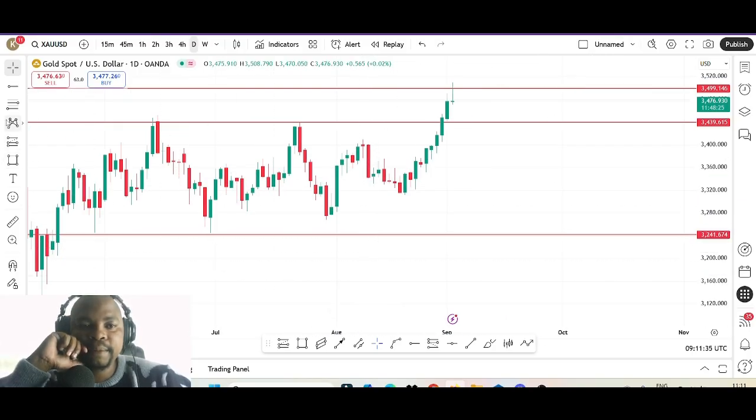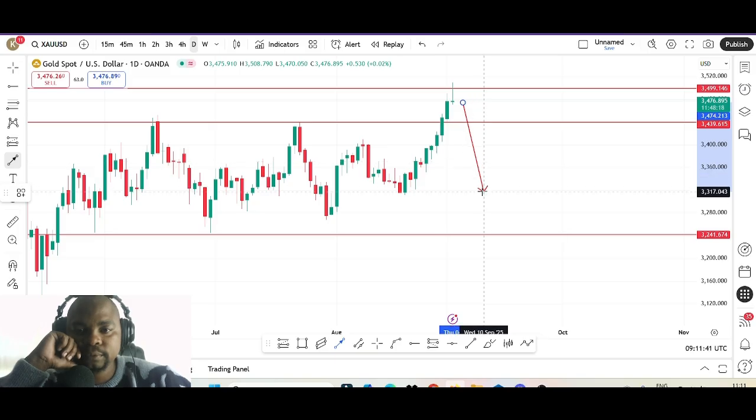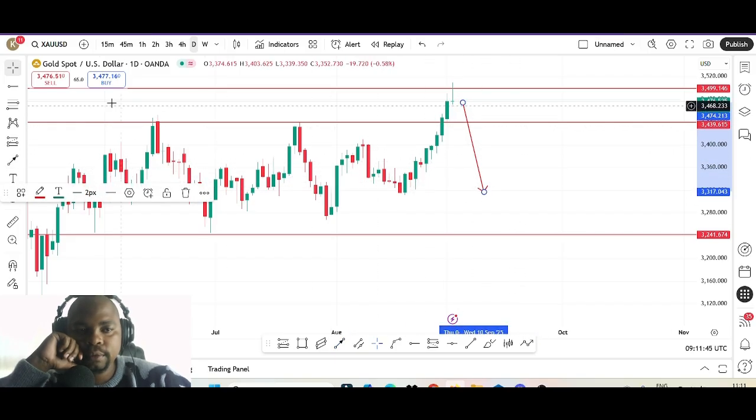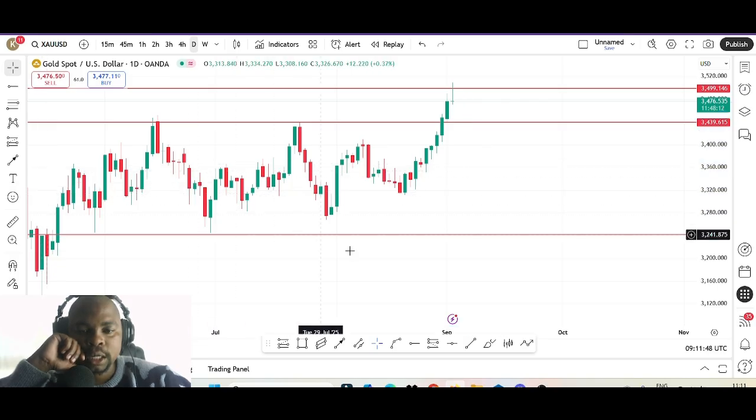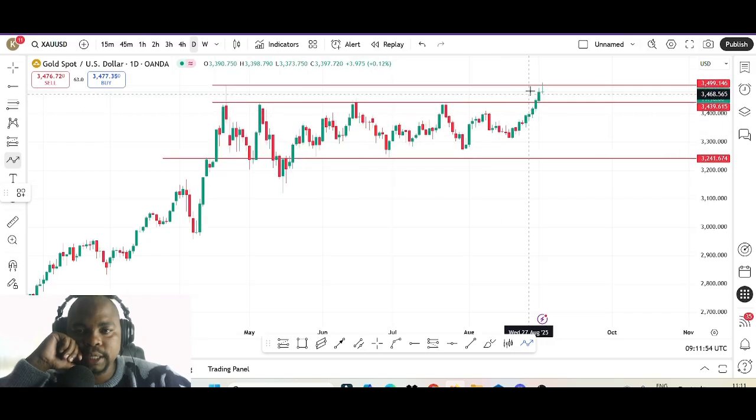So I wouldn't be surprised to see gold giving me this setup. No, let me, I didn't want this one. I wanted this one. So I wouldn't be surprised to see gold starting to give us the setup.